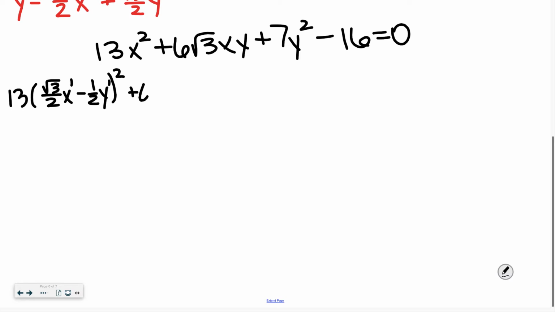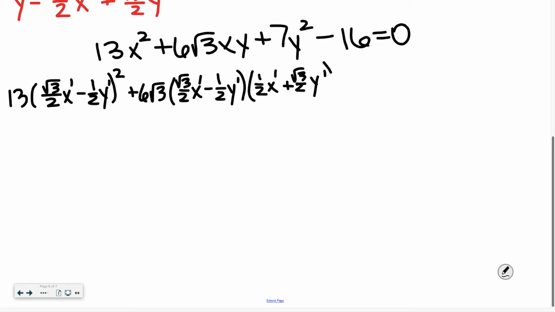Plus 6 radical 3xy. So we're going to rewrite x. We're going to rewrite y. Be careful. Write the right number. Write the right positive or negative. Write the right x prime or y prime.